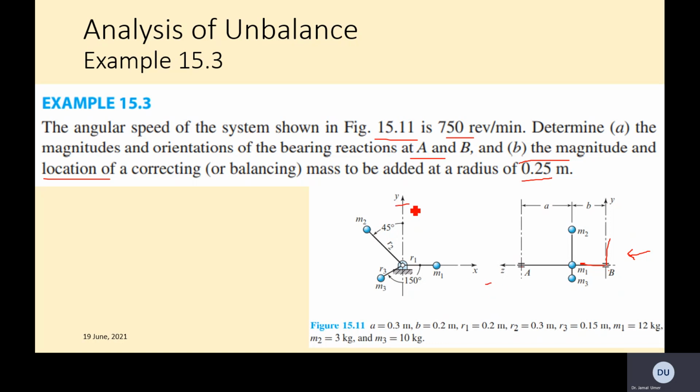So this is important basically. So all the angles are also given. So m1 is in x direction, m2 has a 45 with the y-axis, and from positive x-axis or negative y-axis basically is 150 for m3.